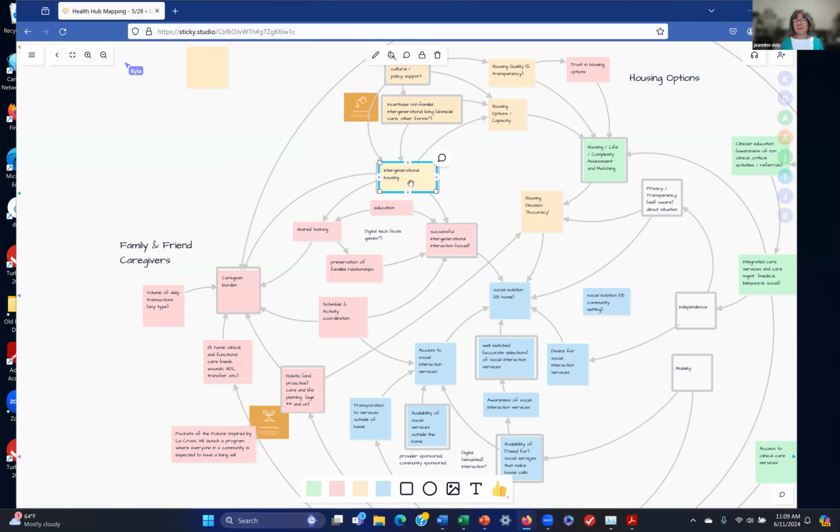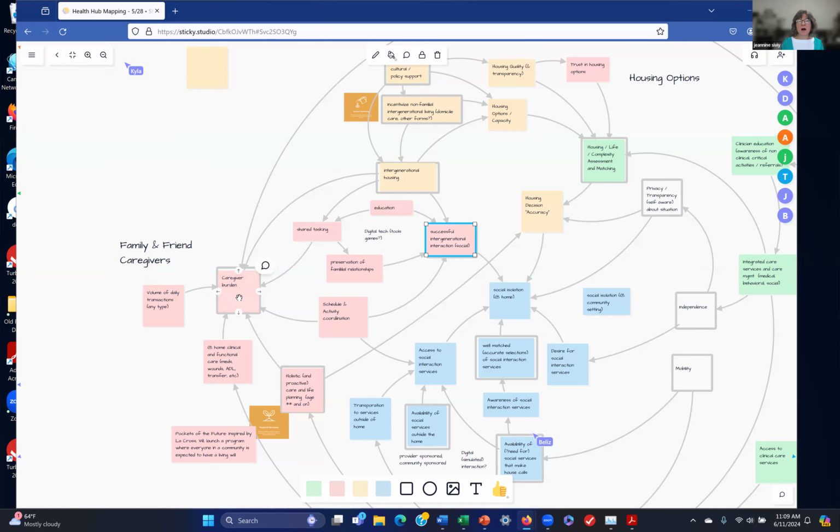So we were making an assumption that if we have intergenerational housing, it means we're having successful intergenerational interaction, which reduces social isolation.